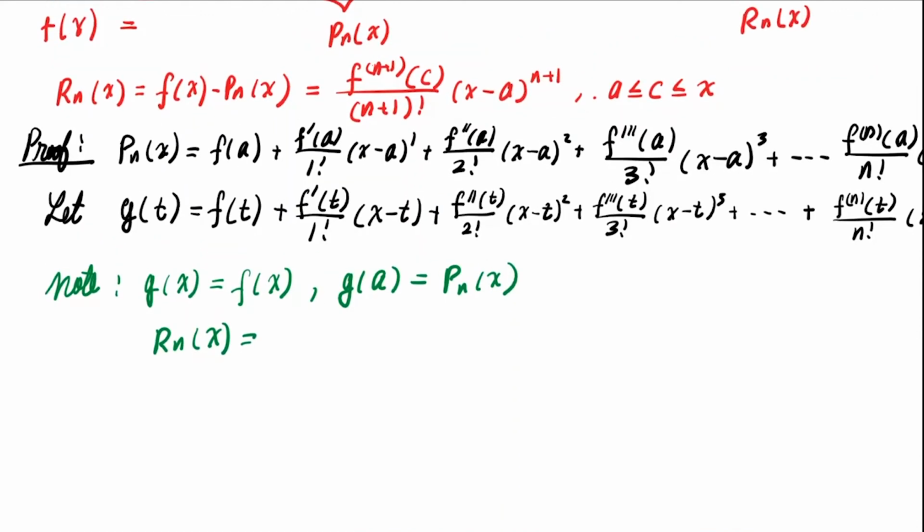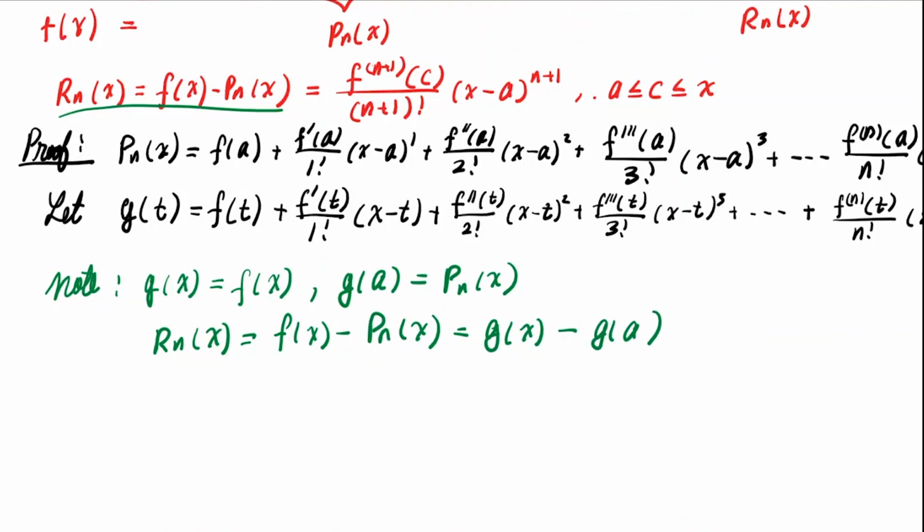Remember from up here, R is f of x minus Pn of x, correct? That's by definition of what remainder is. And f of x is g of x, and Pn of x is g of a. So far, so good?